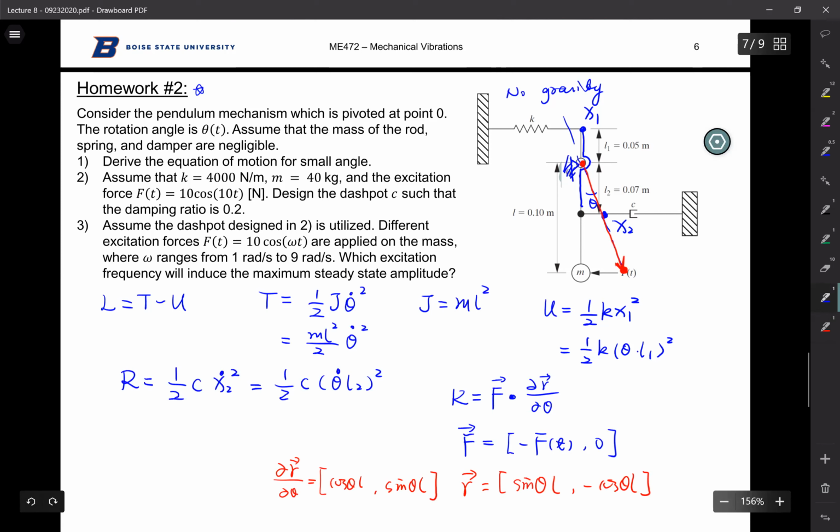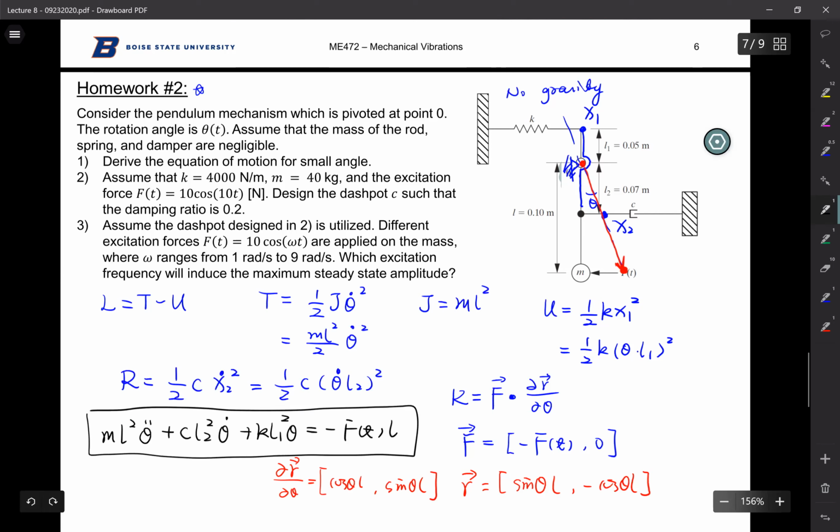So once you know all of this, you can just follow the Lagrange's method, and I'm going to give you the final solution: ml squared theta double dot plus c l2 squared theta dot plus k l1 squared theta equals minus Ft l.